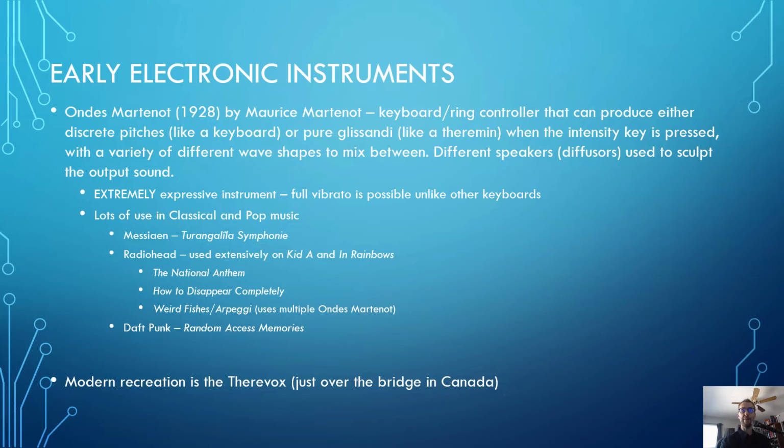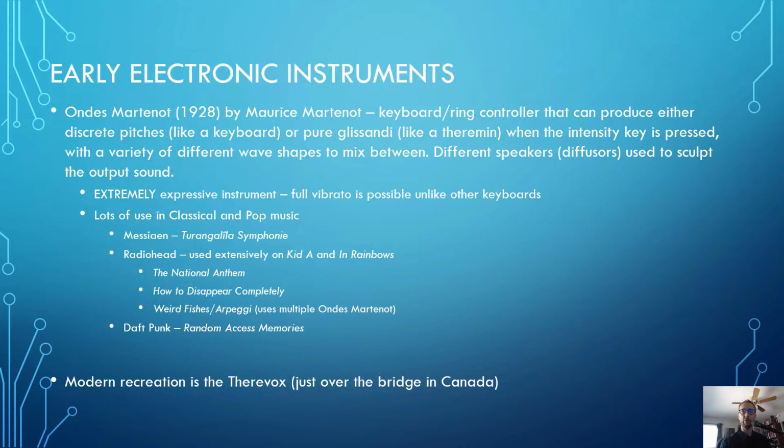It had a variety of different wave shapes that it outputted, and you could actually use a mixer built onto the Ondes Martenot to mix between them and create different timbres. It also used different speakers that Martenot called diffusers to sculpt the output sound by having resonators or strings attached to them that would subtly change the sound.